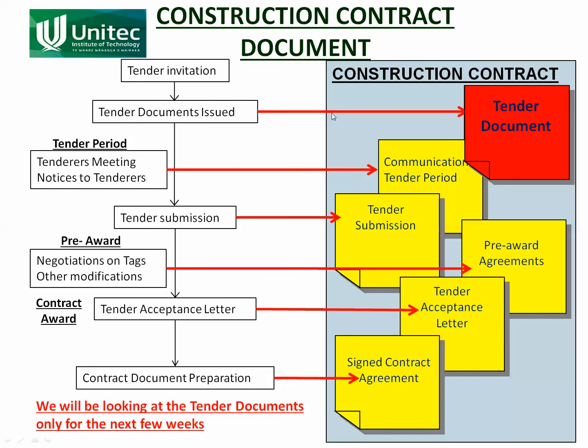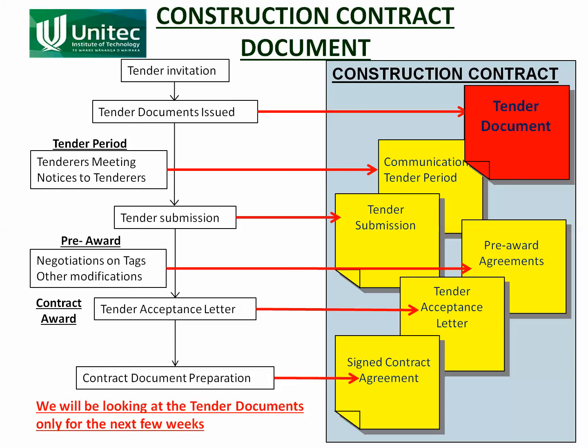So what happens is right at the beginning of the contract, someone will get all these documents together and bind them together. They'll put together 3 copies, and these things can be quite thick, usually 50, 100 millimeters thick, quite big documents with hundreds of pages.